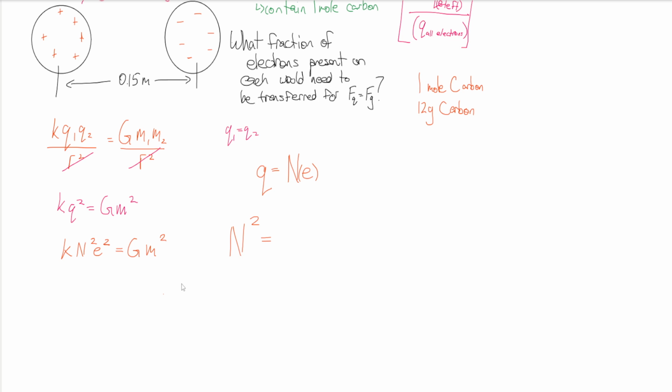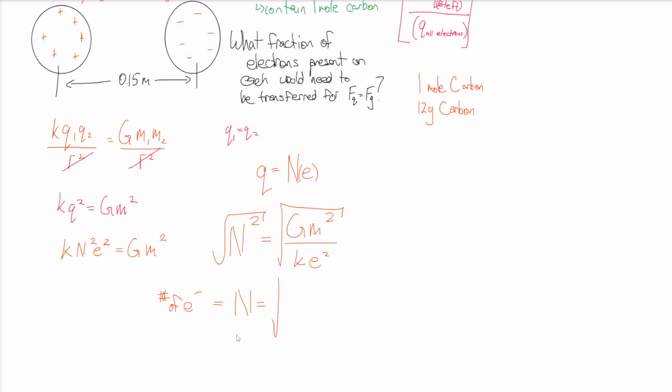So he does this and then he rearranges, and says we're really solving for n, or n squared at least at the start. So it's g m squared over k e squared, and then we square root that. And this will be the number of electrons that have been transferred, causing the charge, you know what I mean by that, right?